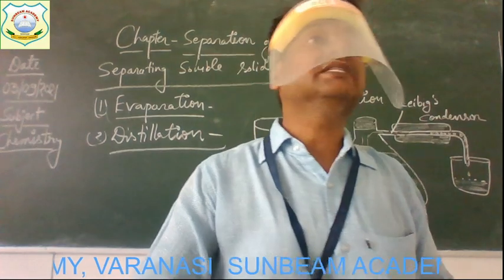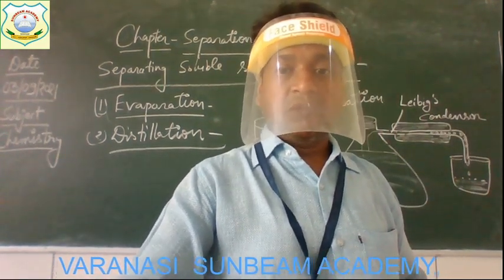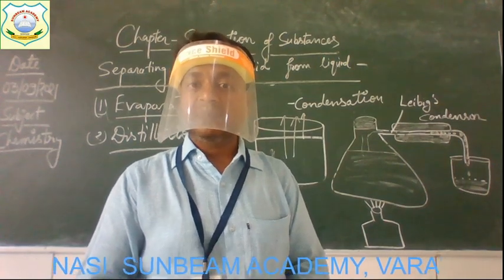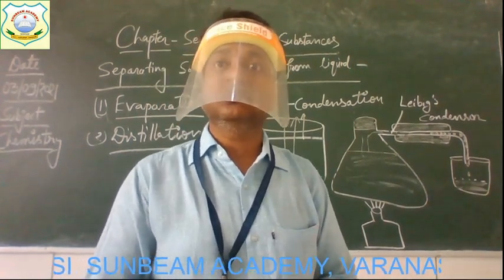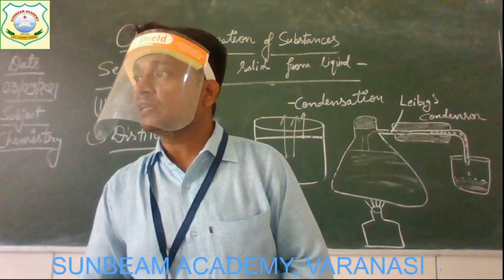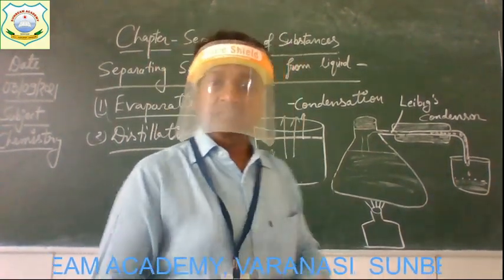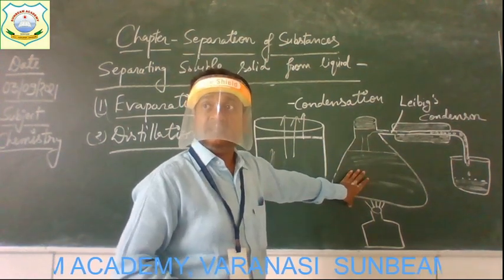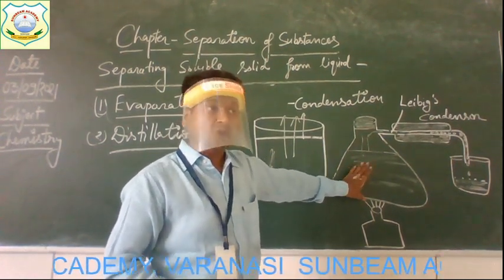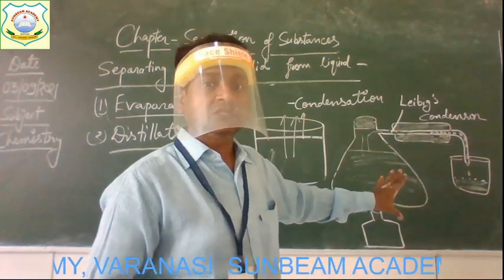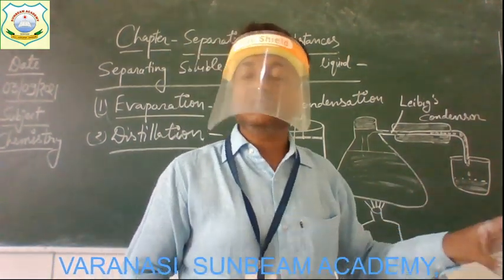The same diagram is also given in your book about the distillation process, diagram number 5.10 on page number 53. It is somewhat like the one I have drawn here. You need to draw this diagram in your fair notebook.